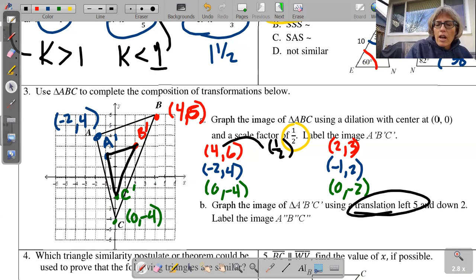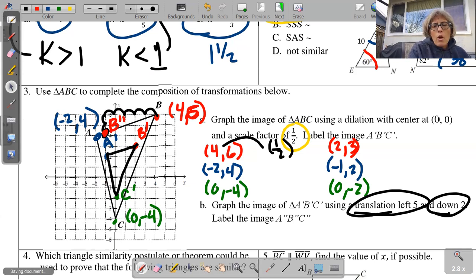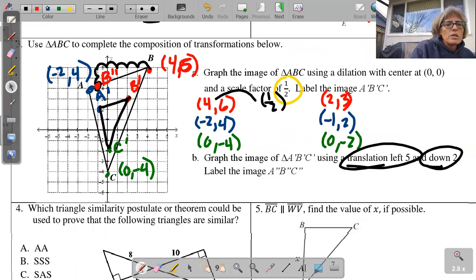Translation, 5 to the left and 2 down. There's 2 ways to do this. One, you can just physically move stuff. So 5 to the left, 2 down. And there would be your next B, kind of B double prime, if you will, same image. Or if you had to do this mathematically, you have 4, 6, 5 to the left.